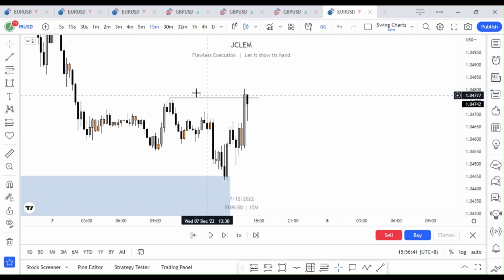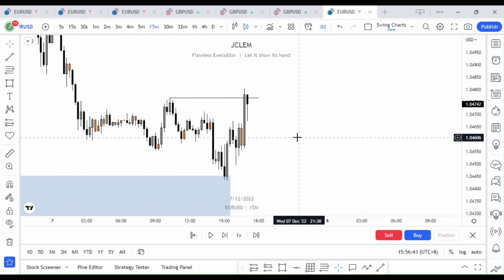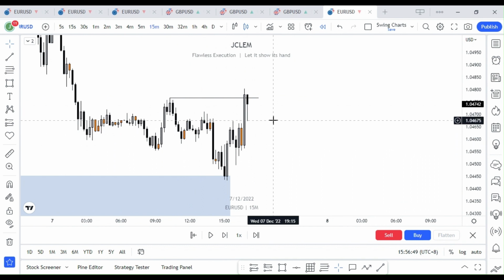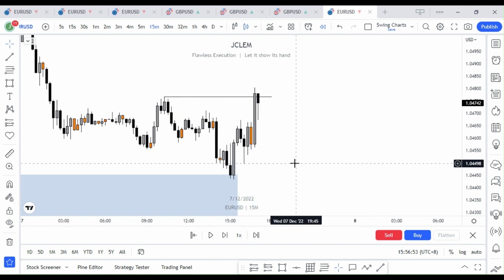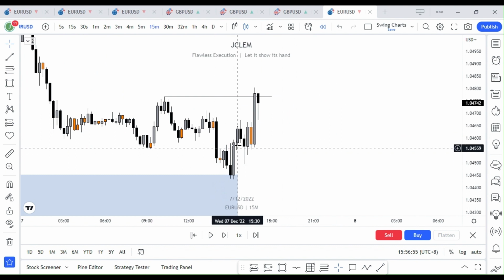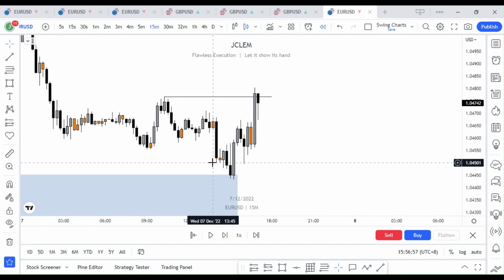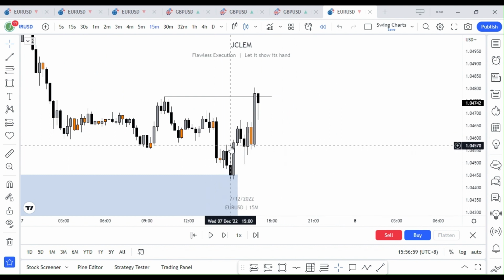So let's just play price forward. Great. So we take that intraday high, which now tells us that the market has shifted bullish, and we can look to get involved in longs. Now, where do we want to get involved? Originally, our first initial change of character, we have this inside bar, the low goes, then the high goes, then the low goes again, and then the high goes again after that.